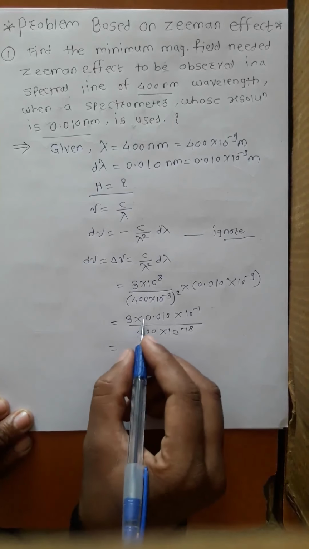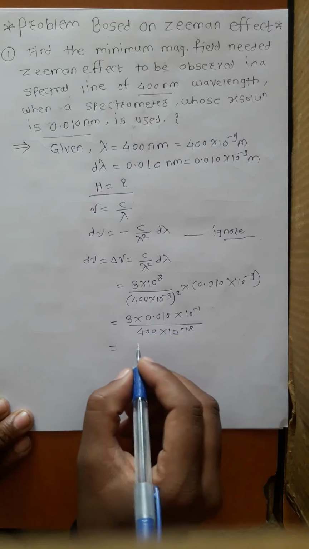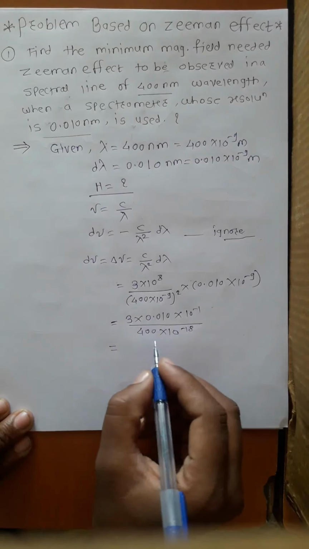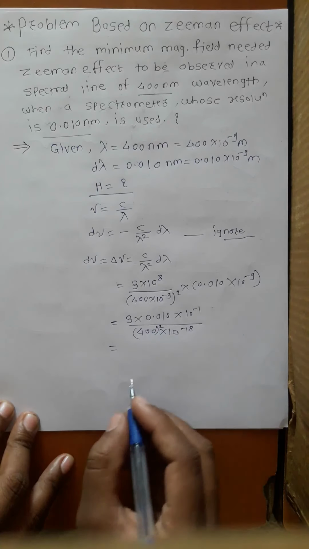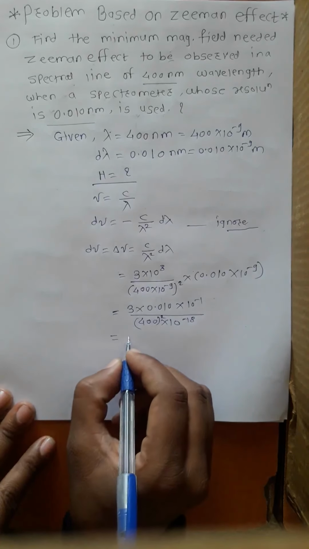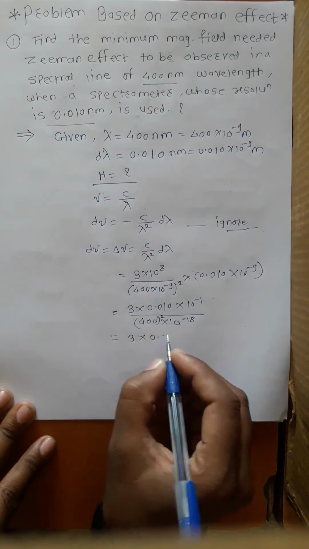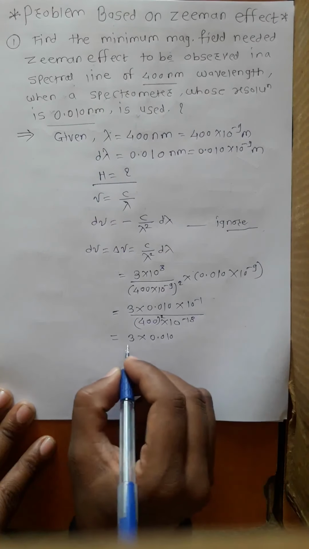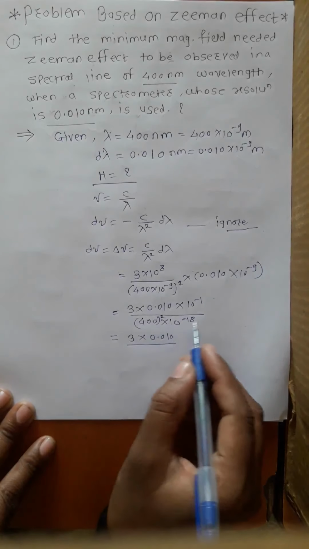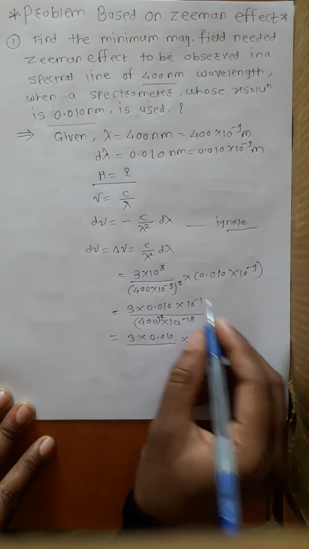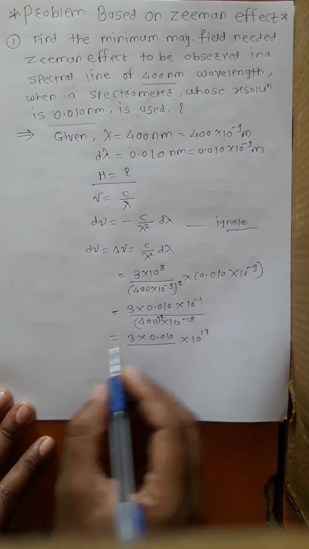Taking the square of this, 400 square, we will get 3 into 0.010 divided by 400 square, with 10 raised to plus 17.